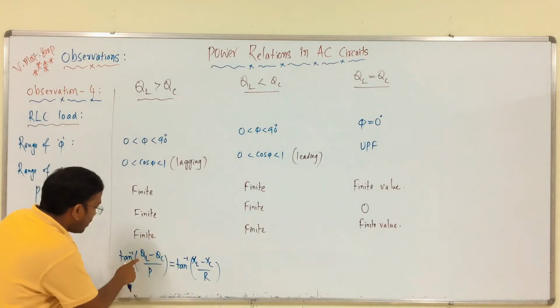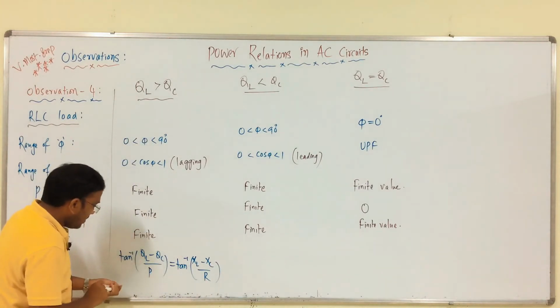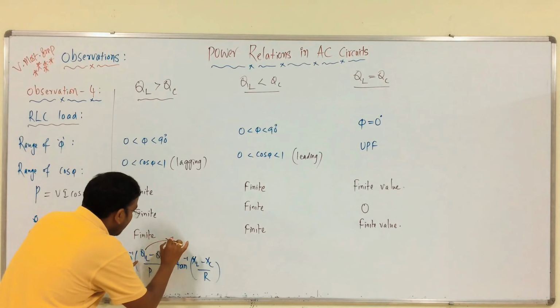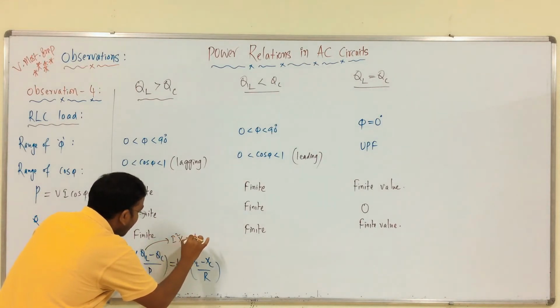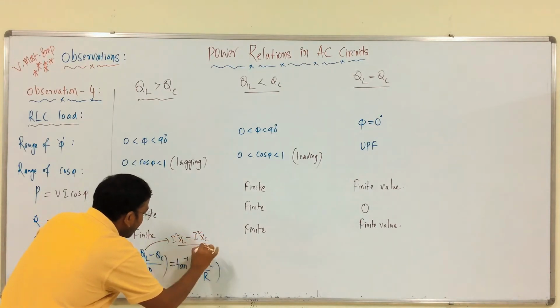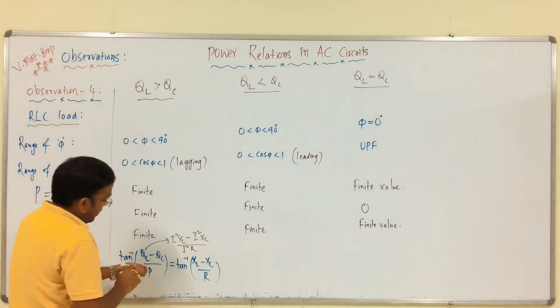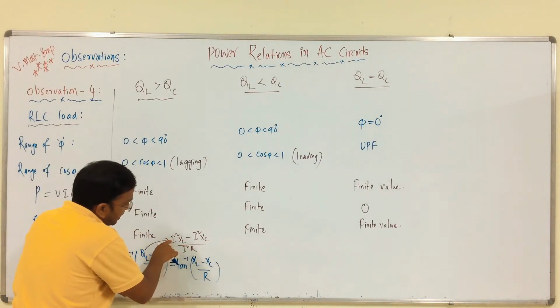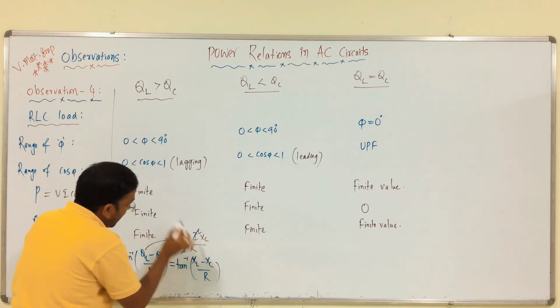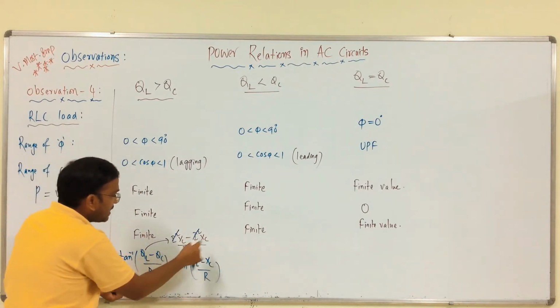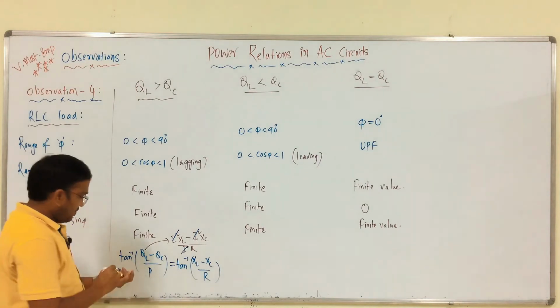See, here Q is equal to what? I square XL minus I square XC, and P is I square into R. From this I square is common, I square gets cancelled. Therefore, XL minus XC by R. Satisfied?